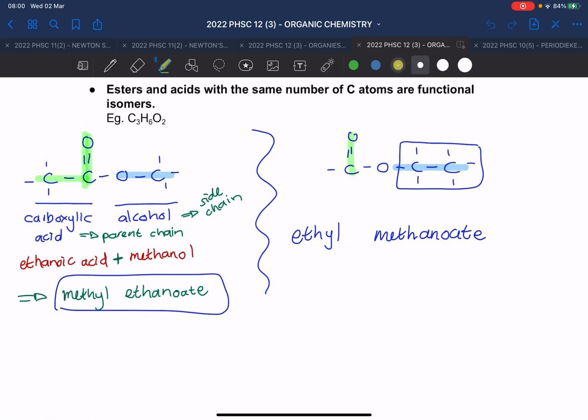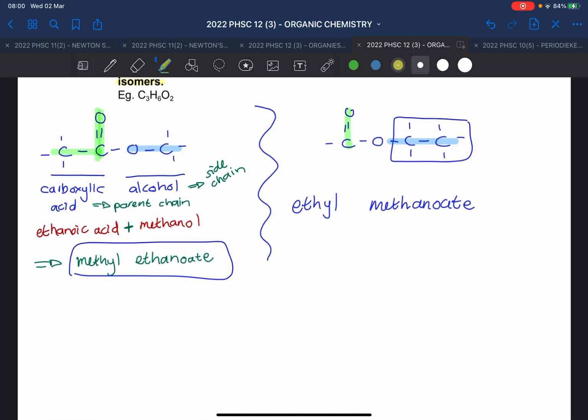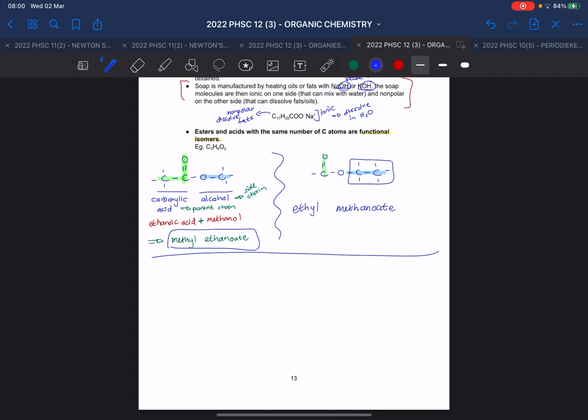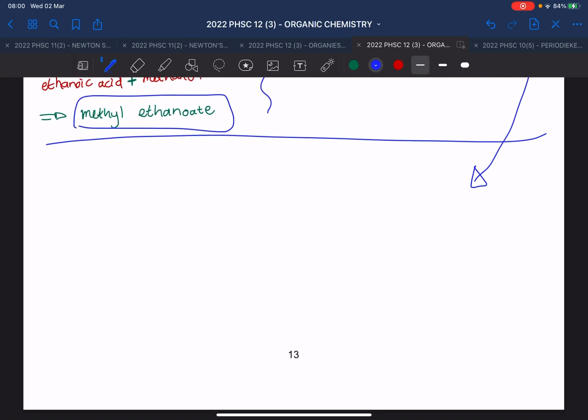Now I want to go to something that they say here. They speak about a functional isomer. I hope you still have space. So, functional isomer, I'm going to go there. Now in grade 10, we spoke about isotopes.